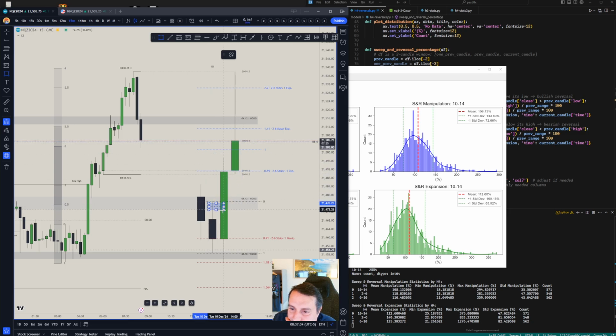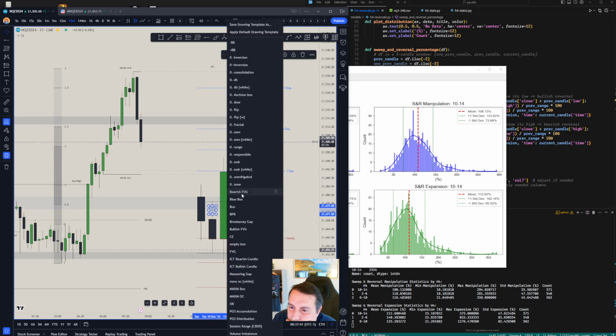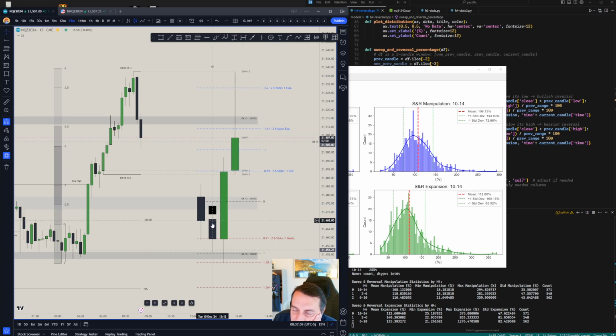Let me draw it differently for you. So imagine the candle looks like a black candle, right? If the candle is not like this, but it's here, so it closes very high and there's a long wick, right?